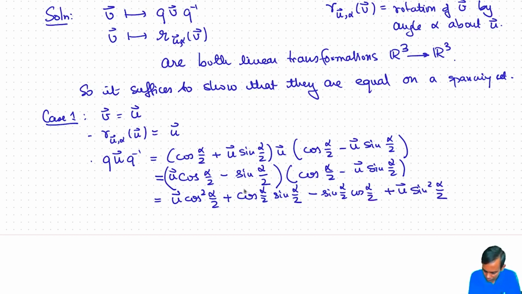So these two terms cancel out, and these two add up to give u. So we see that the rotation and the QV, Q inverse, they agree upon the vector u itself.